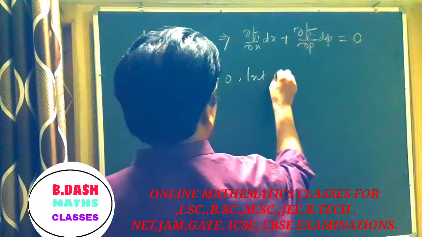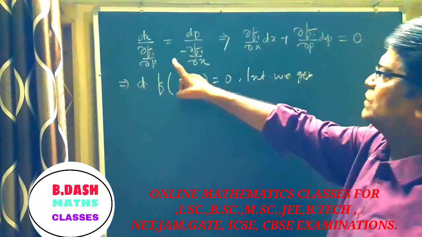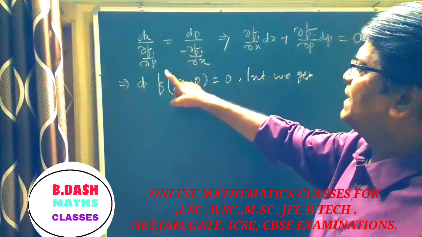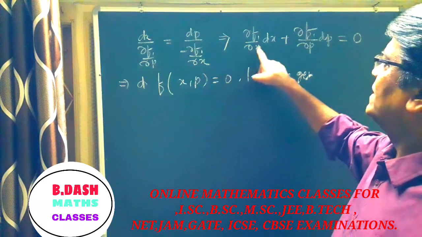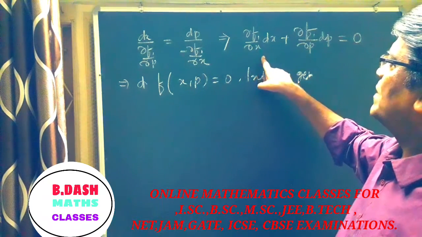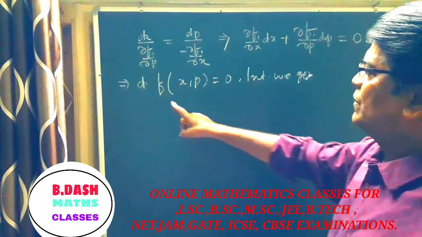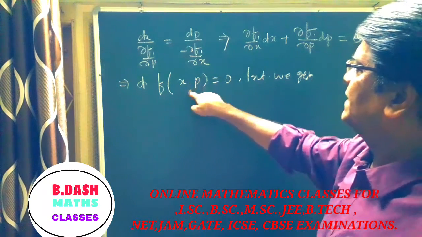Now integrating, we get, from equation 2, dx by del f1 by del p is equal to dp by minus del f1 by del x. That implies del f1 by del x dx plus del f1 by del p dp is equal to 0. So the derivative of f1 of x, p is equal to 0.